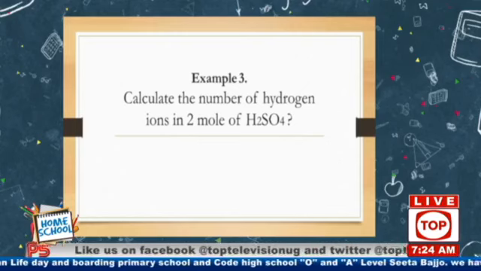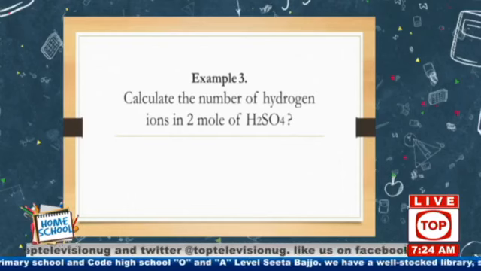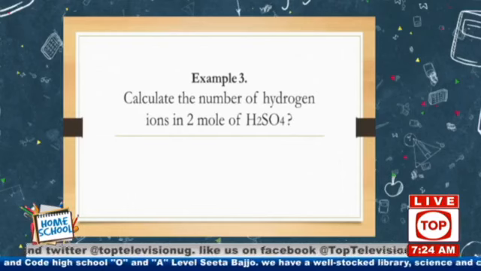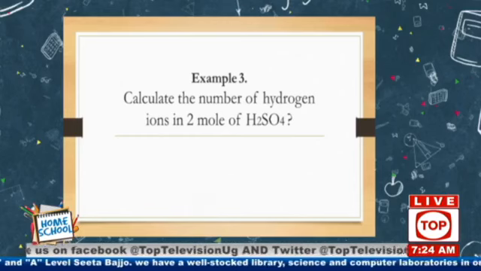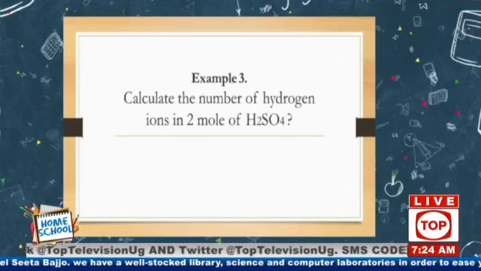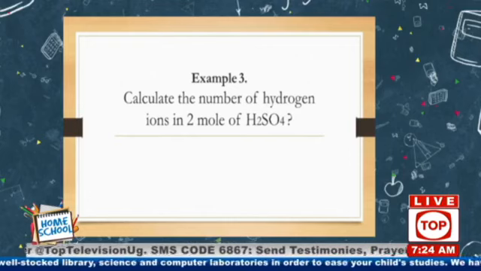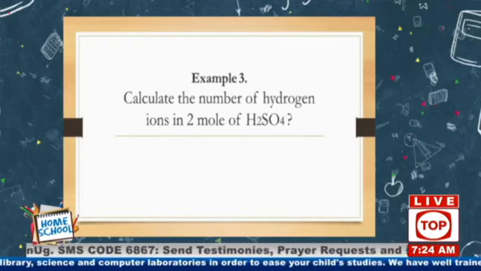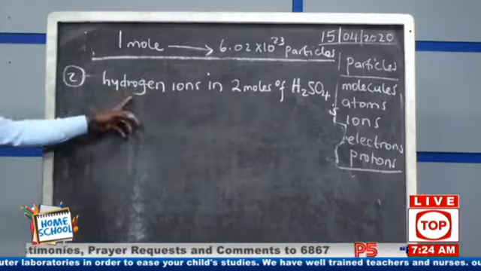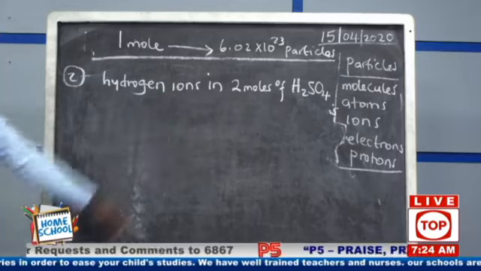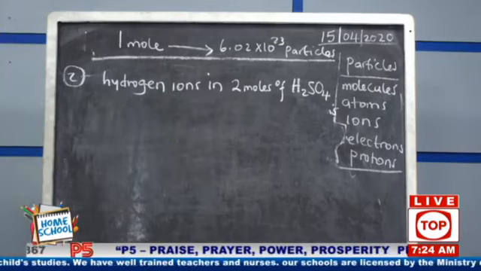Okay? We are going to calculate the number of, you note first what you want, hydrogen ions in 2 moles of sulfuric acid. In 2 moles of sulfuric acid, we want hydrogen ions. These ions are the particles we are going to calculate for. Those are the particles we are going to find in this case.